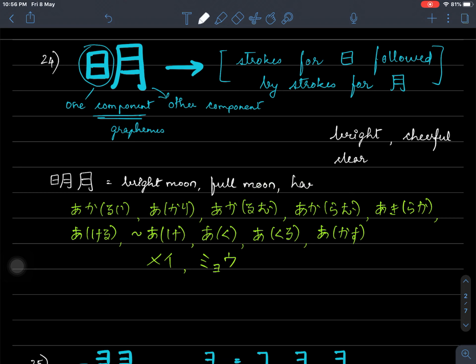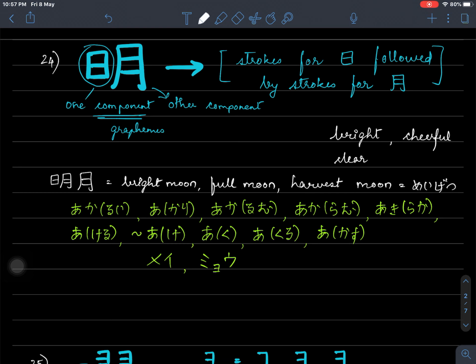Bright moon, full moon, harvest moon, and this is read as meigetsu. Meigetsu.